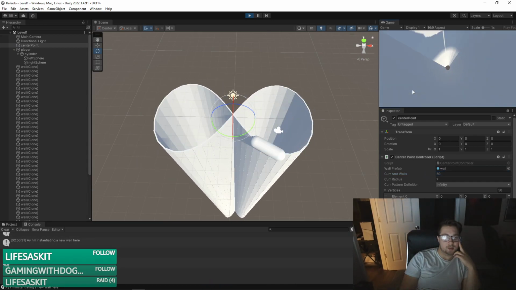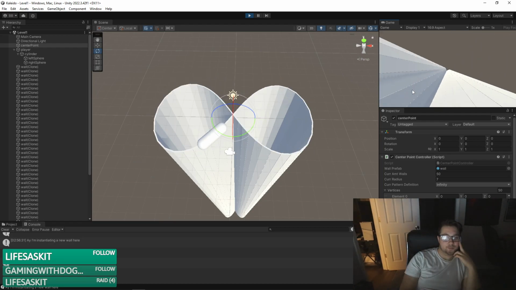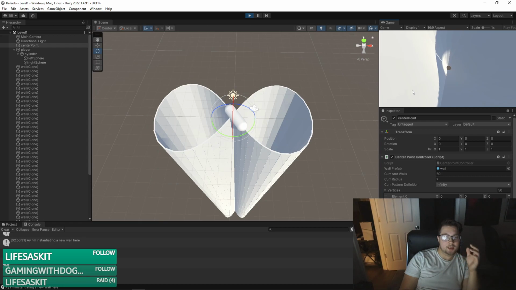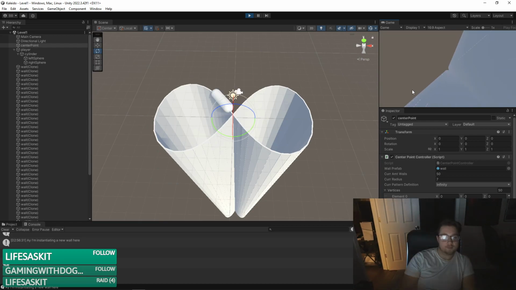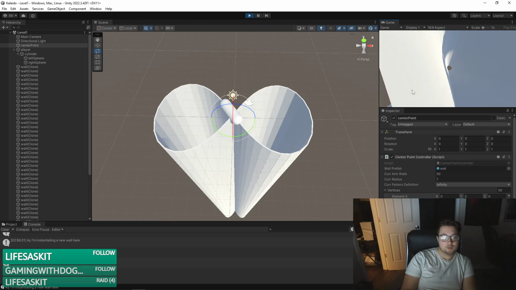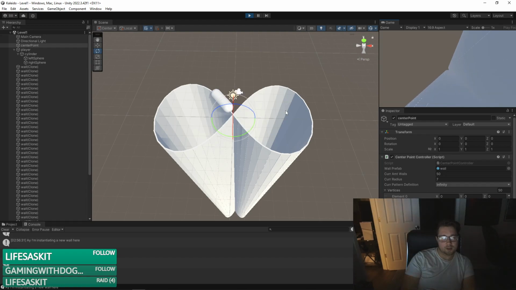So basically, when we do it like this, we need it to flip if and only if the player has just crossed over, so that now, the center point of the player, it's so difficult to explain.